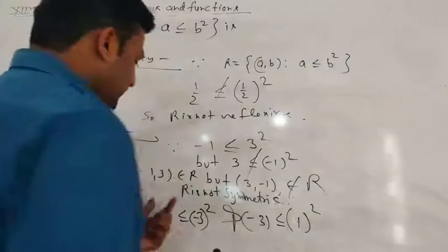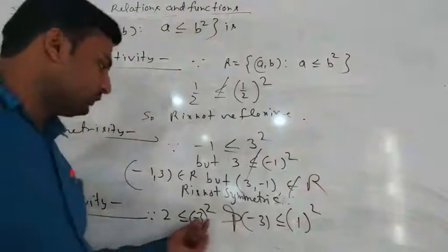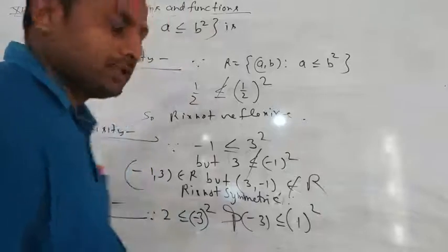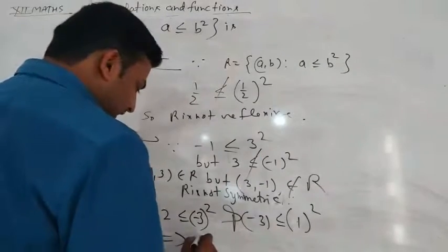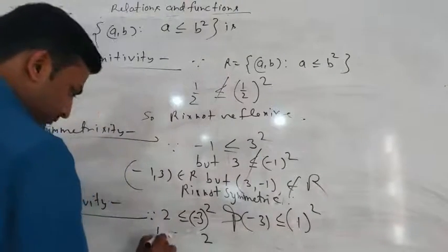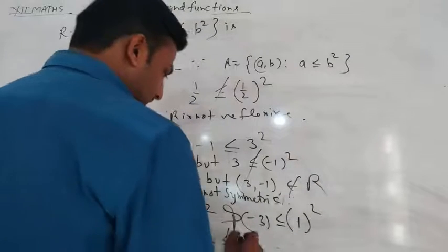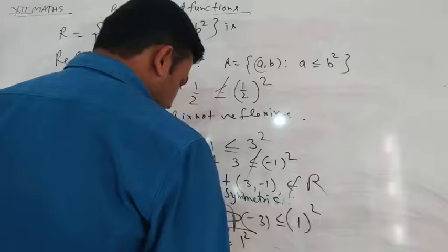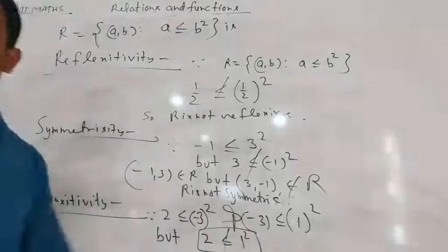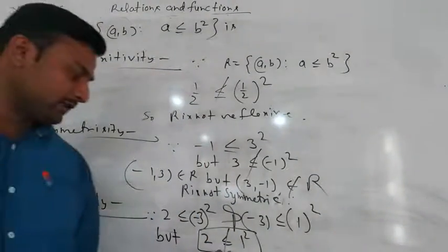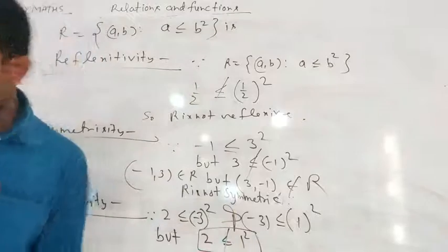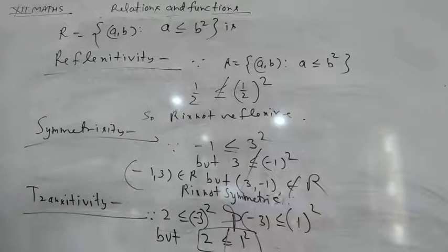Now from the definition of transitivity, 2 must be less than 1 squared, but we are seeing that 2 is not less than 1 squared, because 2 is greater than 1.